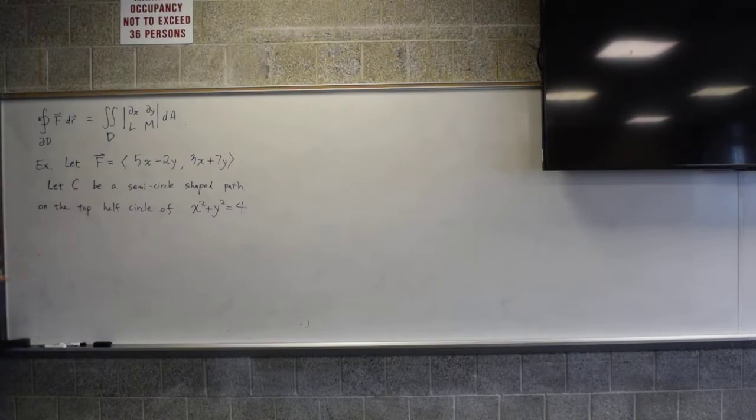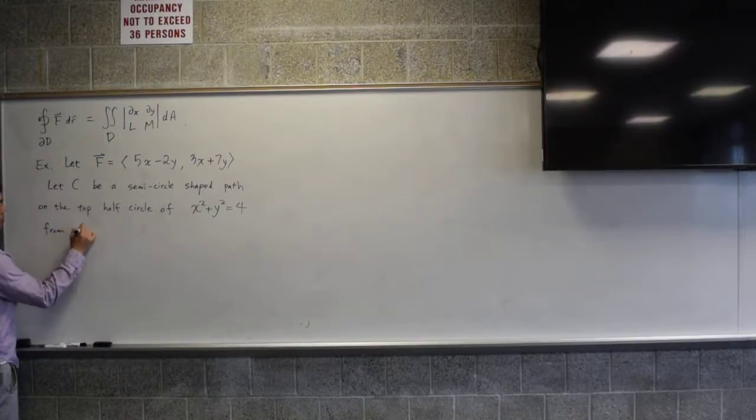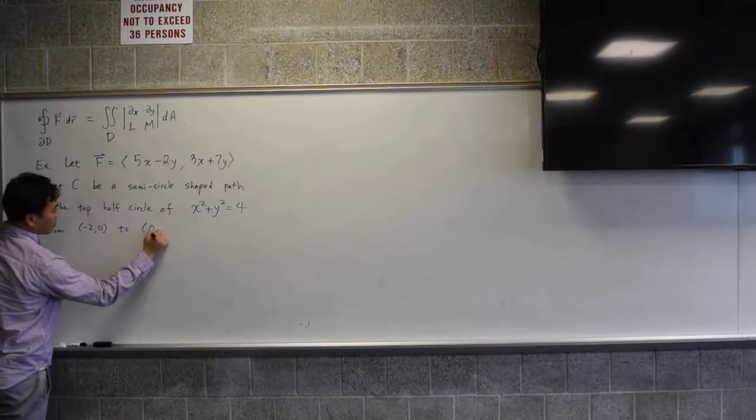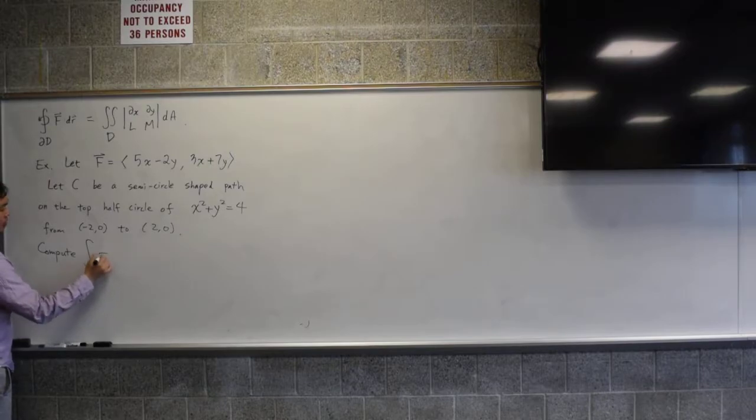It's a radius 2 circle, from negative 2, 0 to 2, 0. Compute the integral over C of F dot dr.